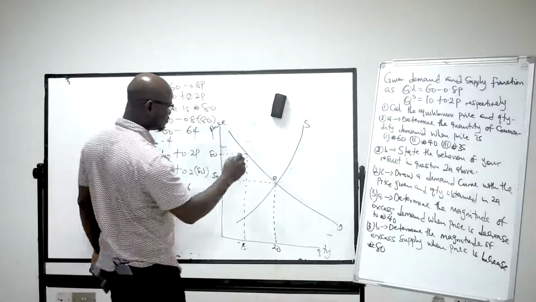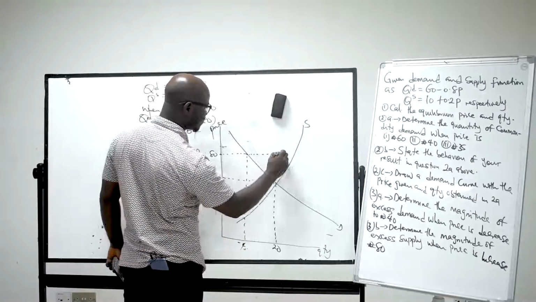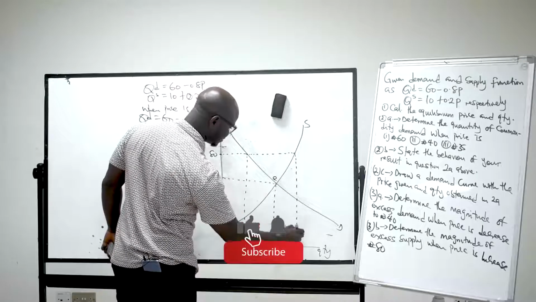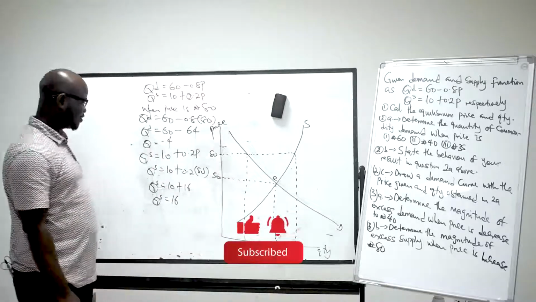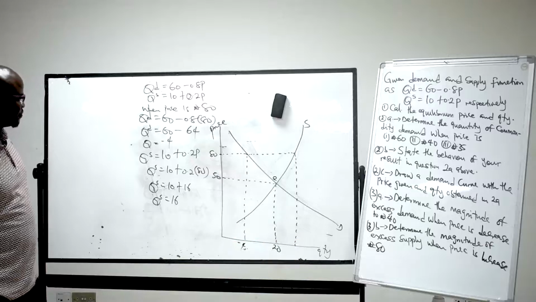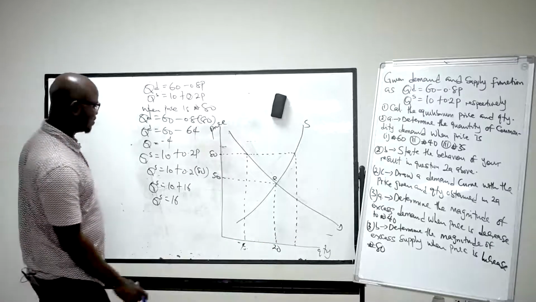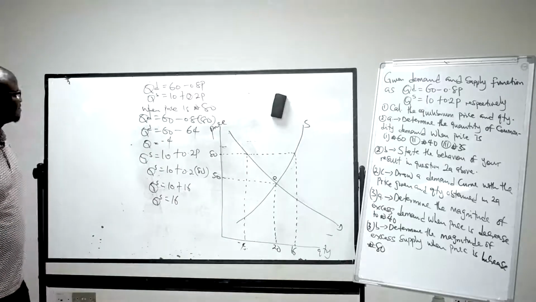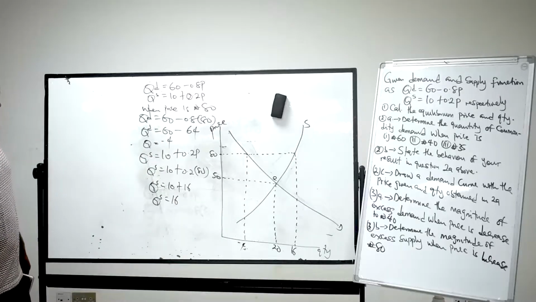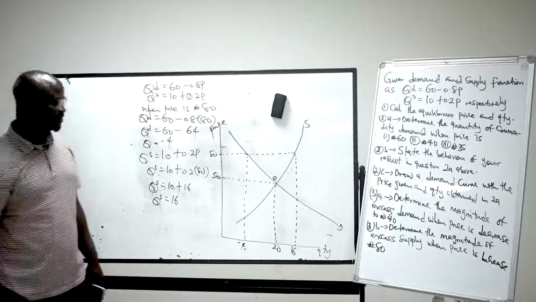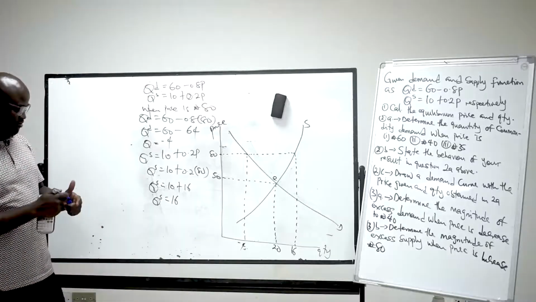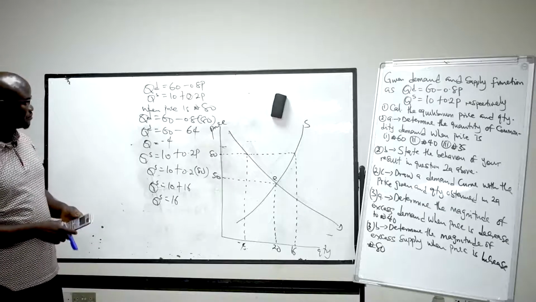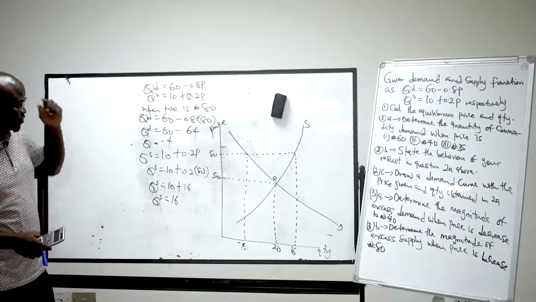And you trace it from here to the supply, then trace it down, and we have supply to be 16. I think something is wrong somewhere, class.